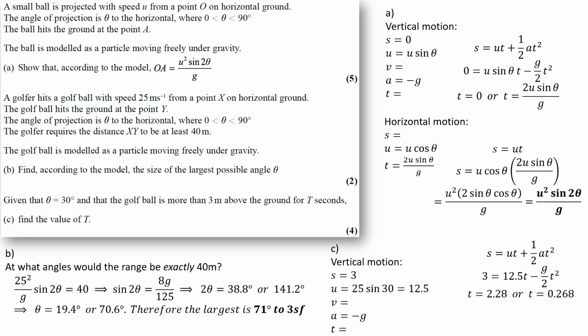Presumably 0.268 seconds is on the way up when it first reaches a height of 3 meters, and then the 2.28 must be shortly afterwards when it's on the way down and it's once again at a height of 3. Therefore it's going to be more than 3 meters above the ground between those two moments. So I just subtract the two, and I'm going to round to two significant figures because I used a value for g which was accurate to two significant figures. I'm assuming g is 9.8 when I put these in my calculator.